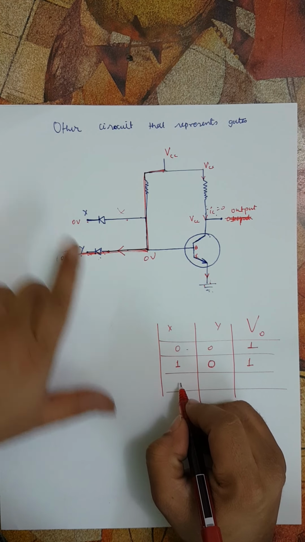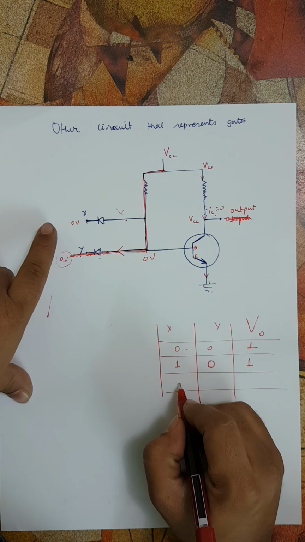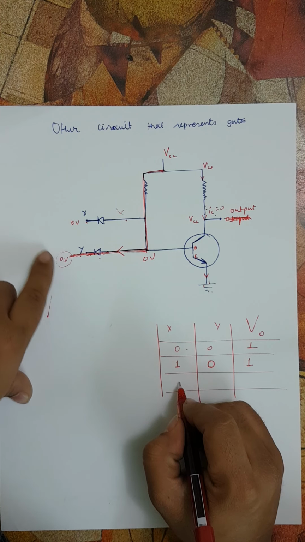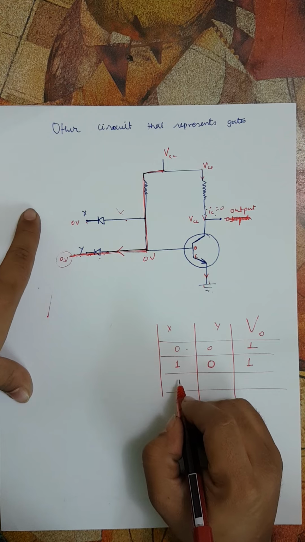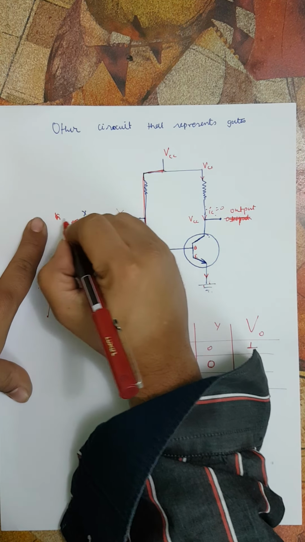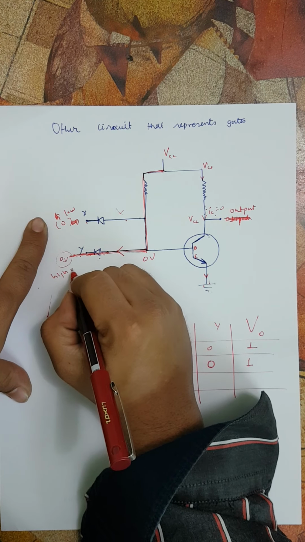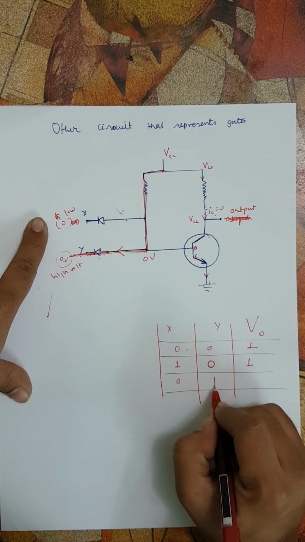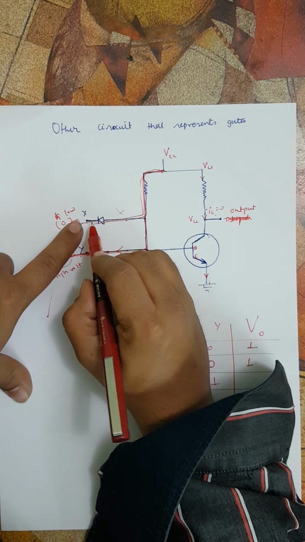The same thing will happen when the other input is high voltage, which is actually the third case. This one is low voltage, which is 0, and this is high voltage. Again at least this is forward biased, and if this is forward biased, again there is no potential drop.